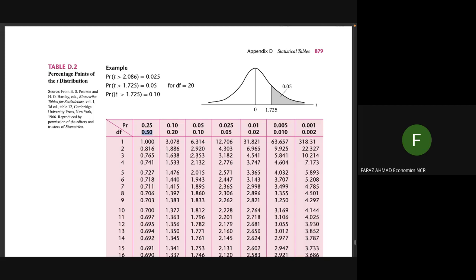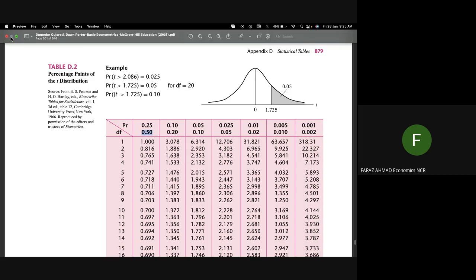Of course, 2.22 is closer to 2.3 as compared to 1.6. So we would say for a two-tailed test, the area is between 10 and 20%, but it is close to 10%.